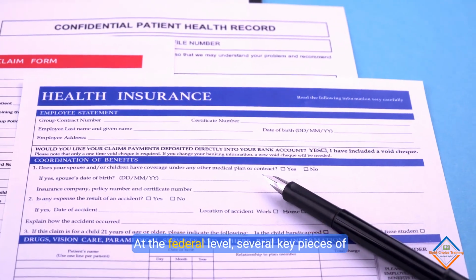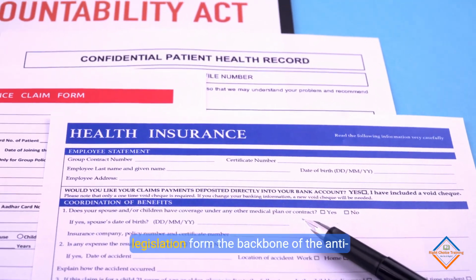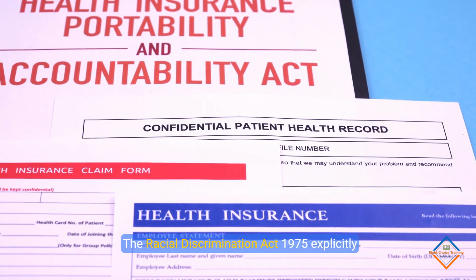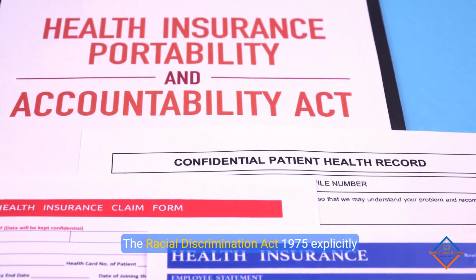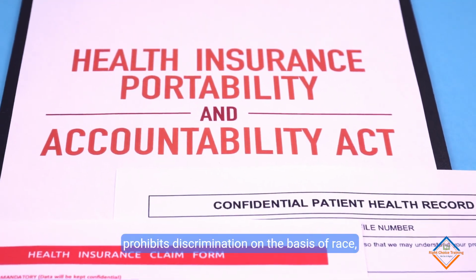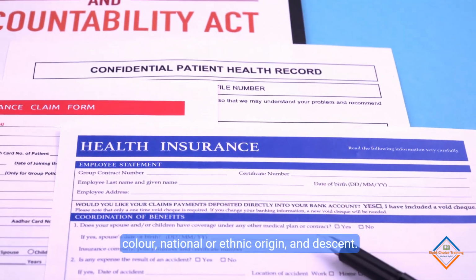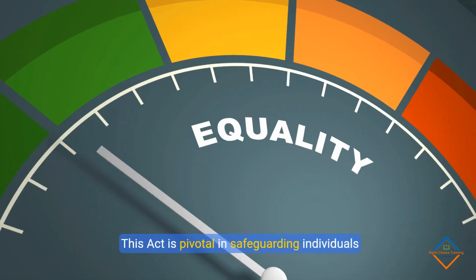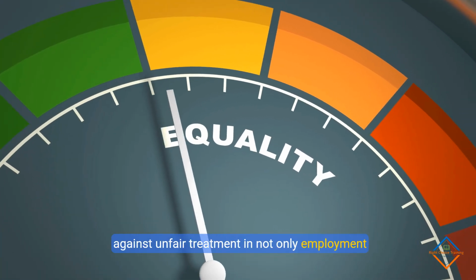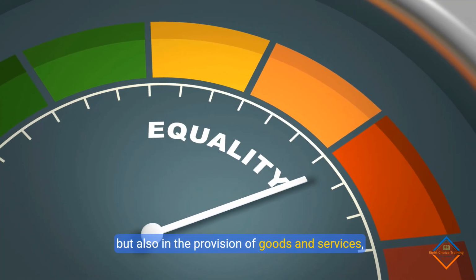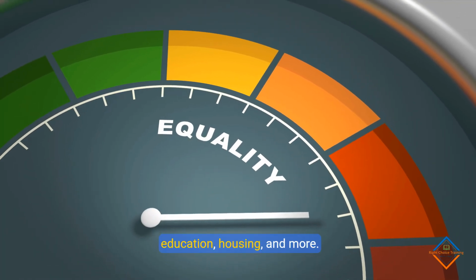At the federal level, several key pieces of legislation form the backbone of the anti-discrimination framework. The Racial Discrimination Act 1975 explicitly prohibits discrimination on the basis of race, color, national or ethnic origin, and descent. This act is pivotal in safeguarding individuals against unfair treatment in not only employment, but also in the provision of goods and services, education, housing, and more.